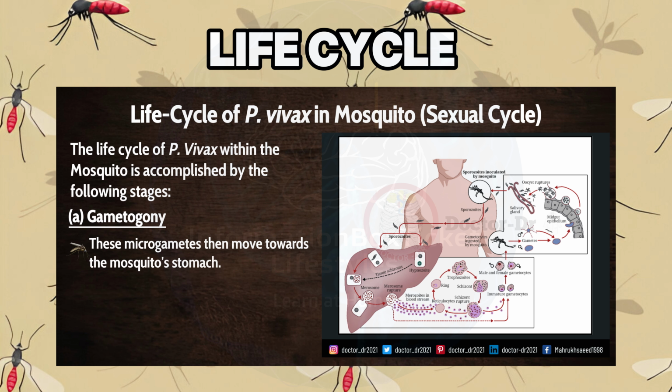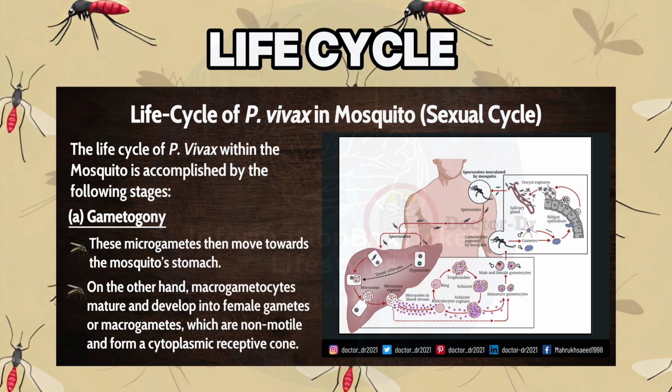These microgametes then move towards the mosquito's stomach. On the other hand, macrogametocytes mature and develop into female gametes or macrogametes, which are non-motile and form a cytoplasmic receptive cone.